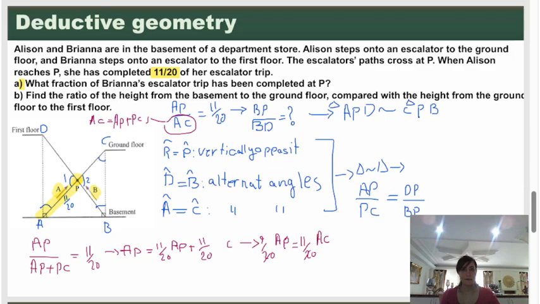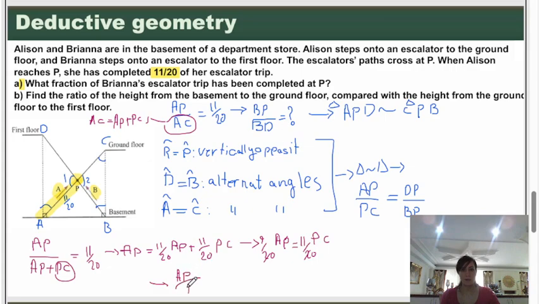I should correct here, it is PC. So I say AP over PC equals 11 over 9. So AP over PC I find here is 11 over 9.